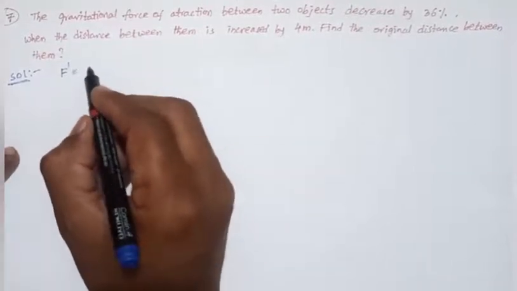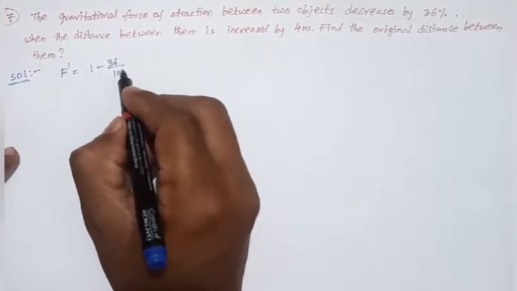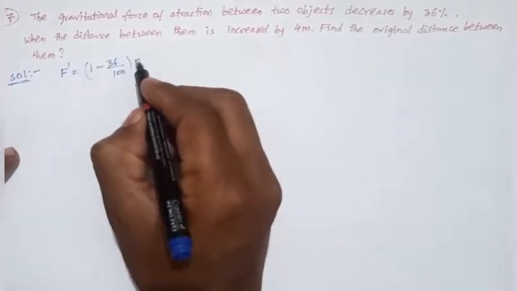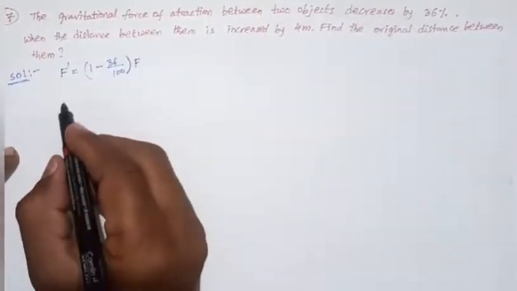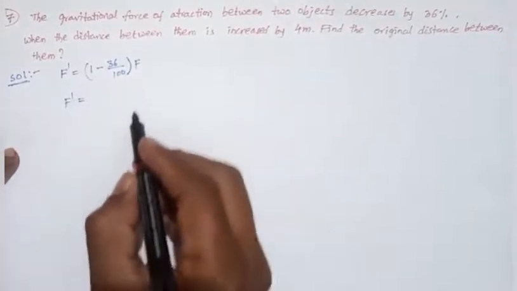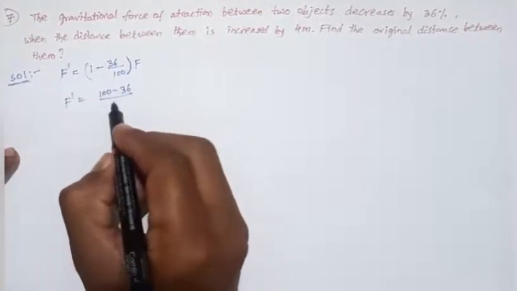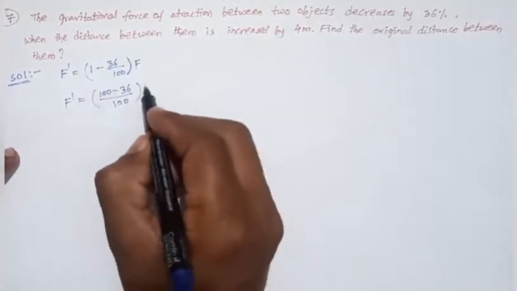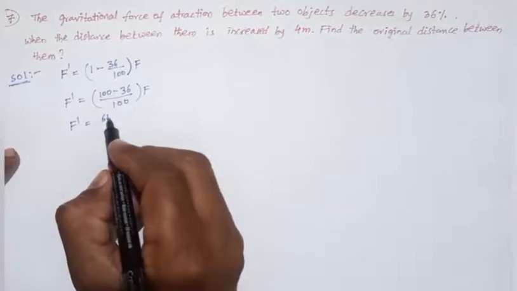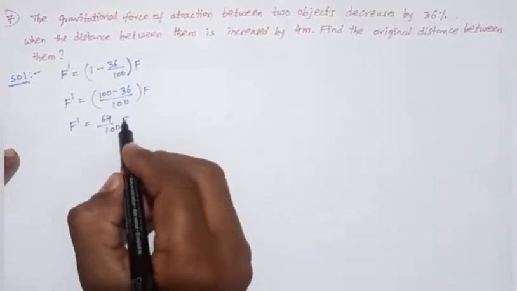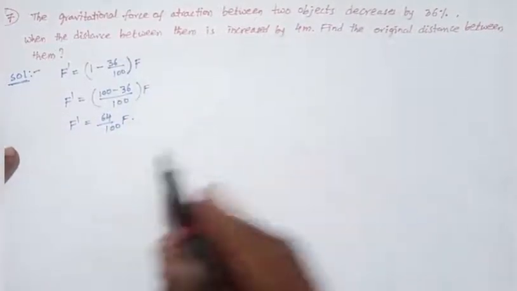F dash equals (1 minus 36 by 100) into F. F is the actual original gravitational force. Okay, that is F dash equals (100 minus 36) divided by 100 into F. So F dash equals 64 by 100 F.